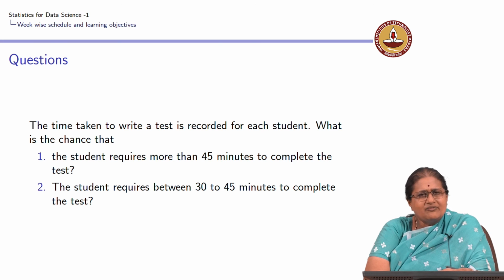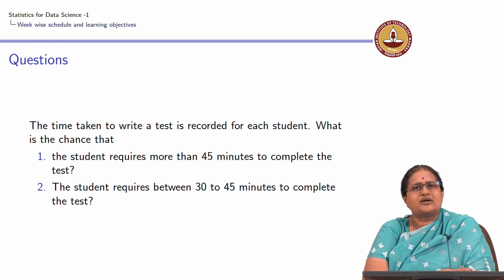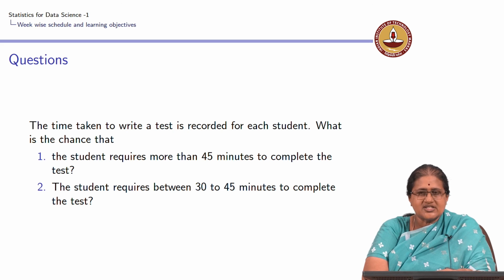Now, till week 10 we have focused on random variables which take discrete values. But many a time we are interested in answering other questions. For example, if I am recording the time taken by a student to write an examination, the question we are interested in is what is the chance that the student requires more than 45 minutes to complete the test, or what is the chance that the student would require between 30 and 45 minutes to complete the test.